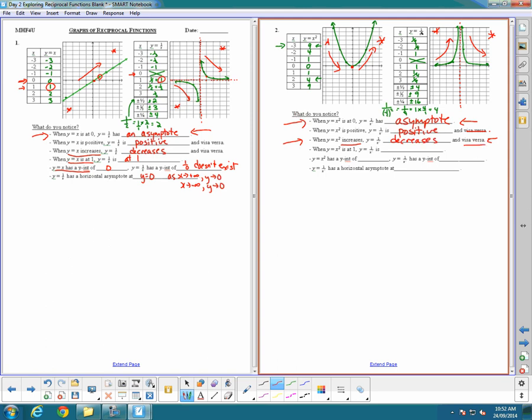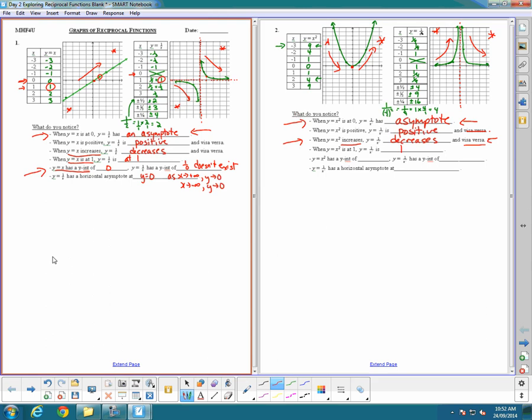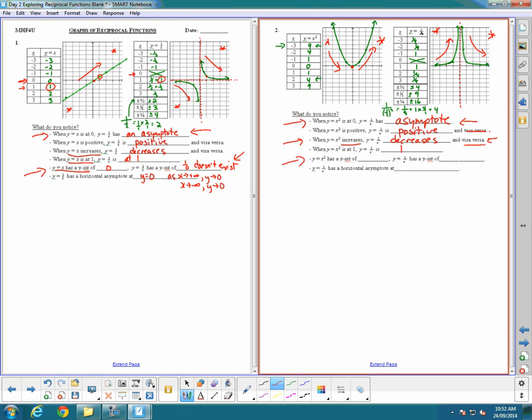And then vice versa. When the original is at 1, the reciprocal is at 1 because the reciprocal of 1 is 1. And now here's the interesting part. Remember in the last one, we had a y-intercept of 0, and of course when you take the reciprocal of 0, you get an asymptote. The only difference on this, well, this one we end up with a 0 as well.